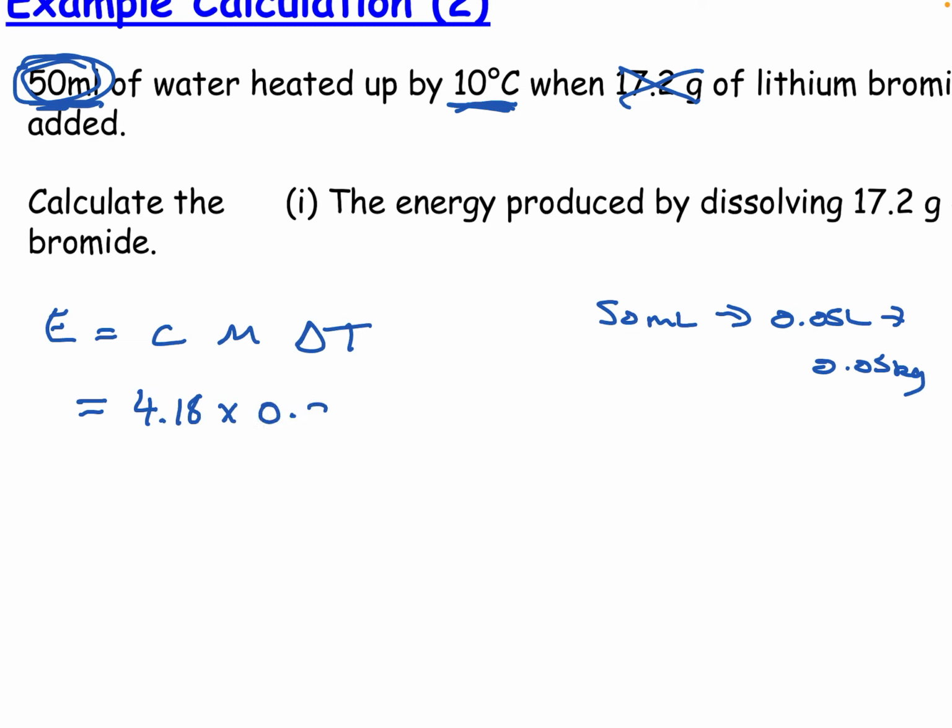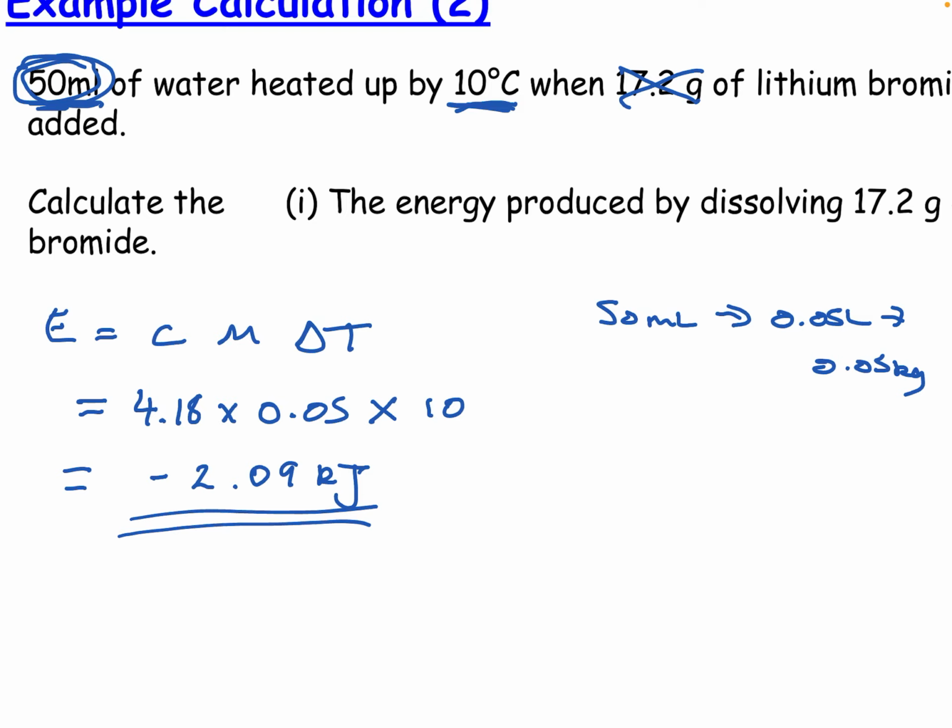So mass was 0.05 and the temperature change was 10. That means that we end up getting exactly the same answer by chance as the last one.